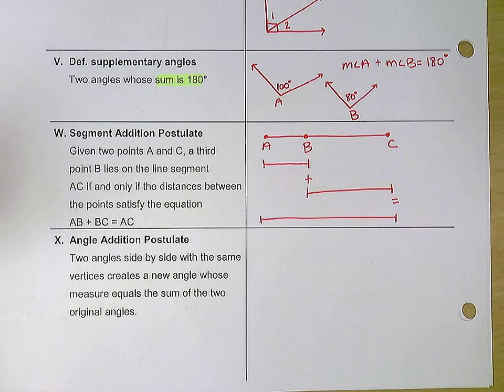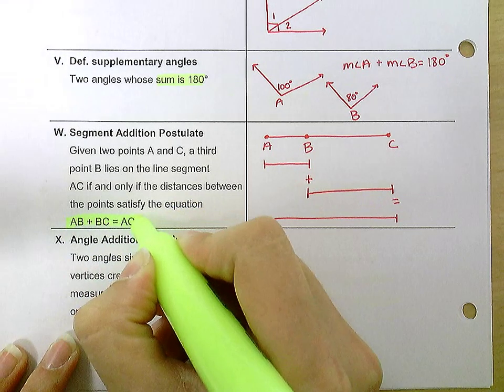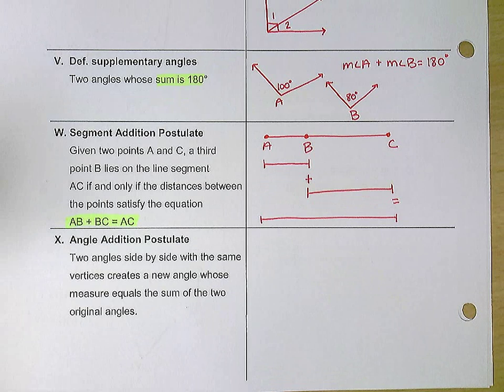So that's what this equation here means. You can add together your two smaller segments to get your larger. And again, we did do that in chapter 1. That's what that segment addition postulate is.